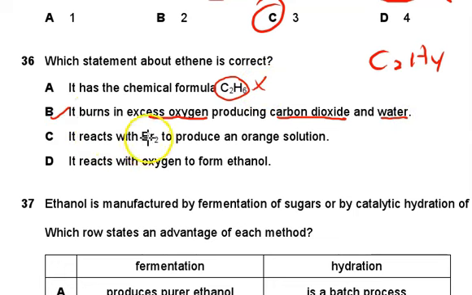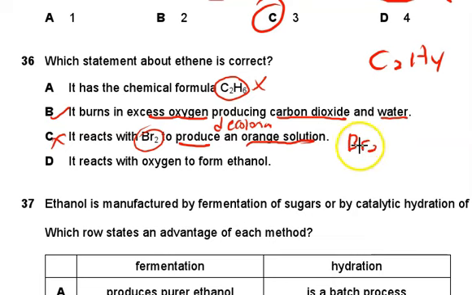It reacts with bromine to produce an orange solution. It will decolorize the bromine. So when you have bromine liquid, it is a brown to orange color. So if you mix ethene with this one, it will decolorize. So C is not your answer.